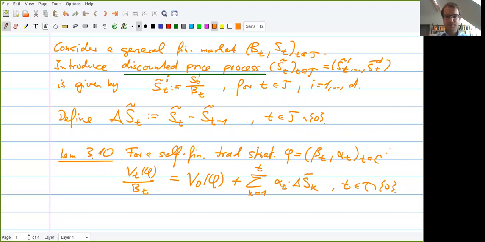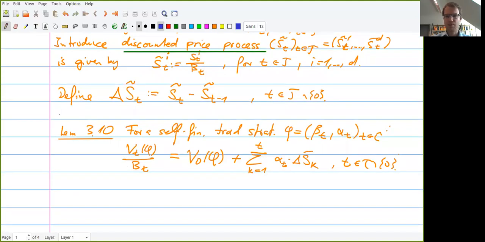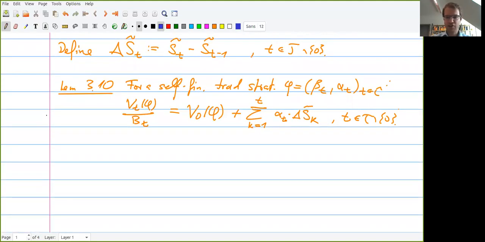All right, and now let's come to the proof. This is what you have already seen in the last lecture, but we haven't done the proof, so this is where we start today. Let's prove this little lemma, also to familiarize ourselves again with the definitions.